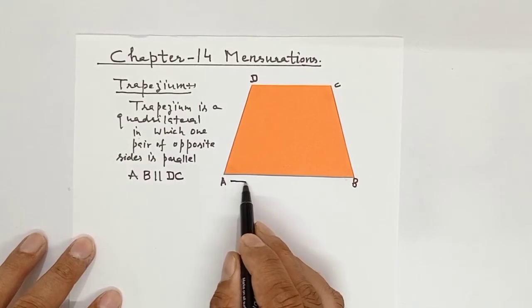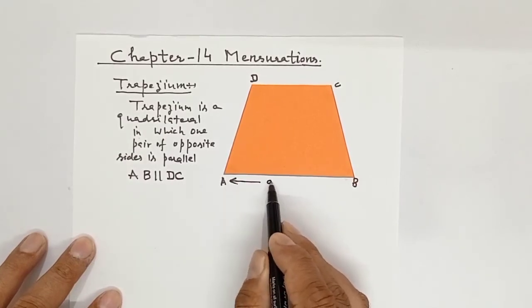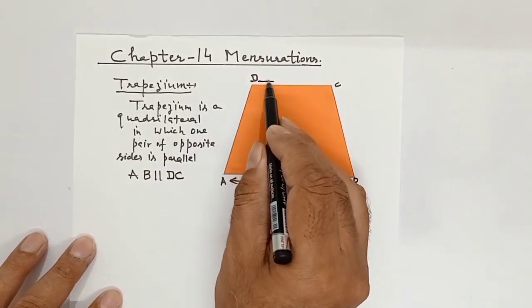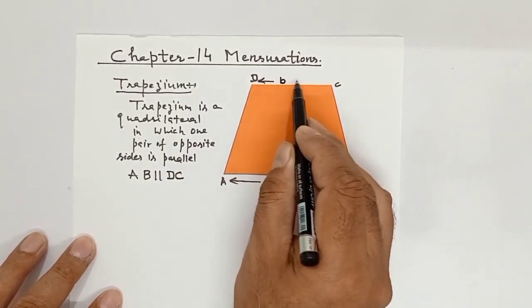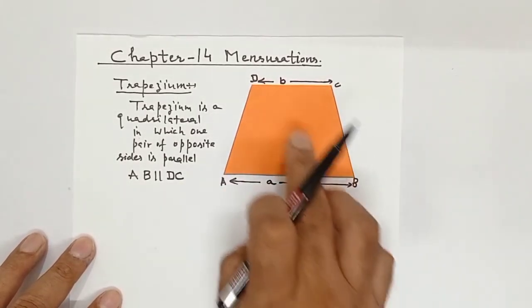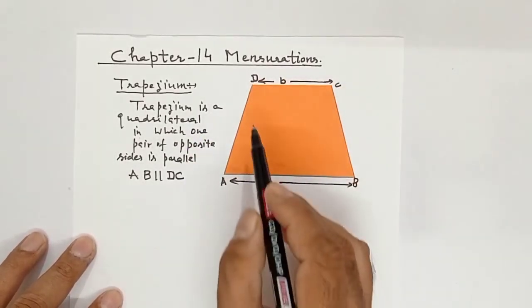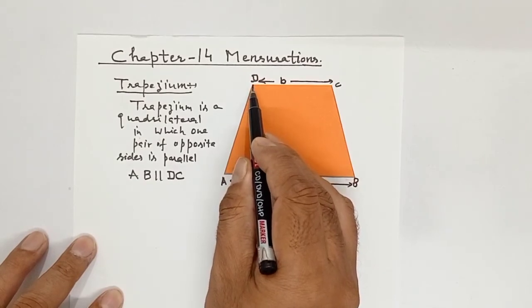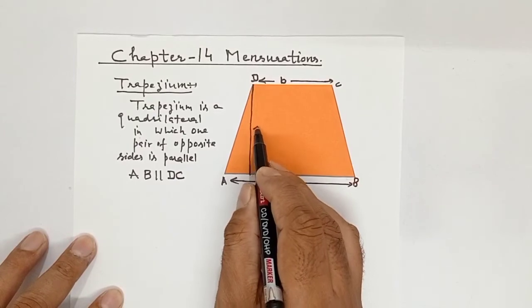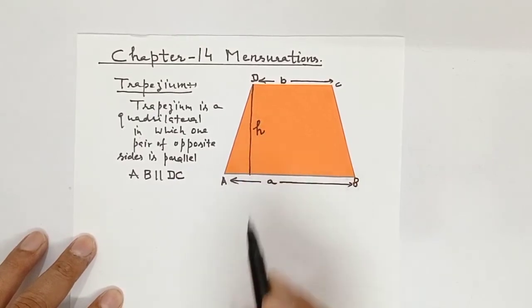We assume this side as small a and its another parallel side DC as small b. So AB is parallel to DC and this is its altitude, or you can say height of the trapezium.